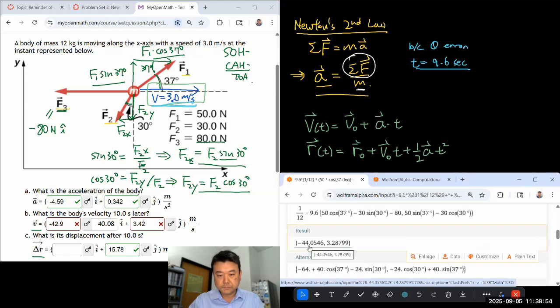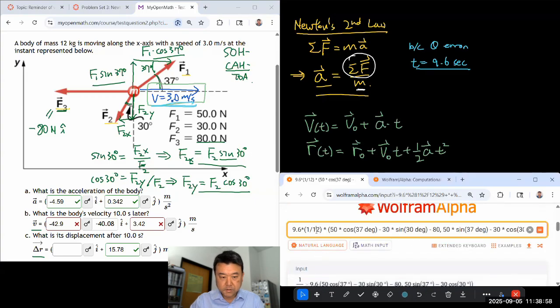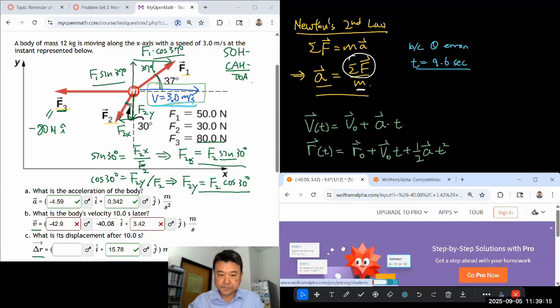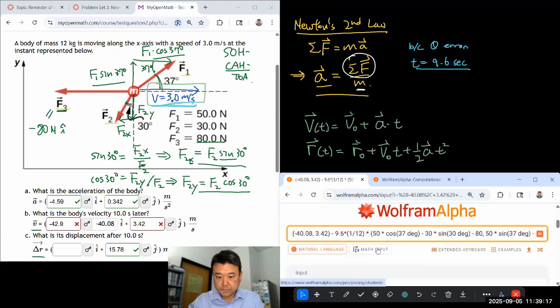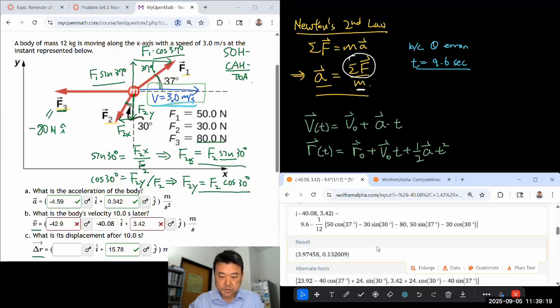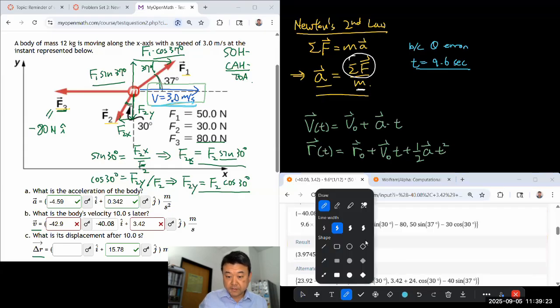So I can do this delta V. So the final speed, that's minus 40.08, 3.42 minus the delta V should give me the initial speed. Yeah. So the initial speed that the question code is using is 3.97.